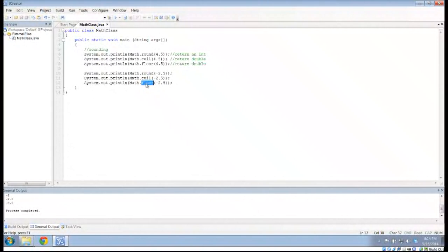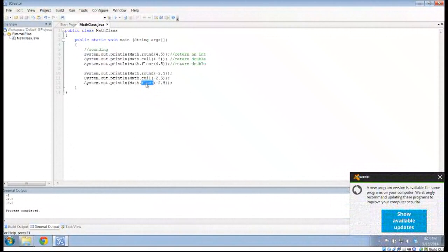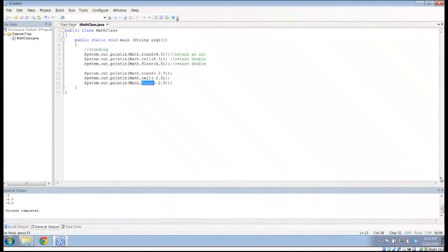So it's just something you need to be aware of when we're rounding involving negative numbers, that sometimes that behavior may not be our typical behavior. So just be aware of that. So we have round, ceiling, and floor, which allows us to round based on our needs.